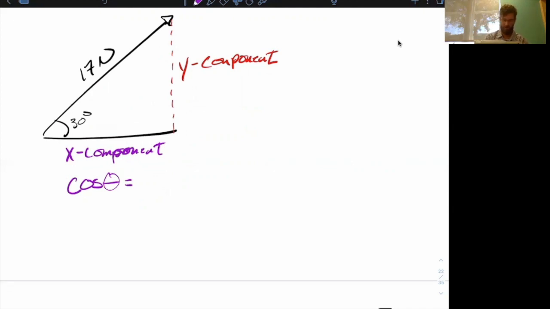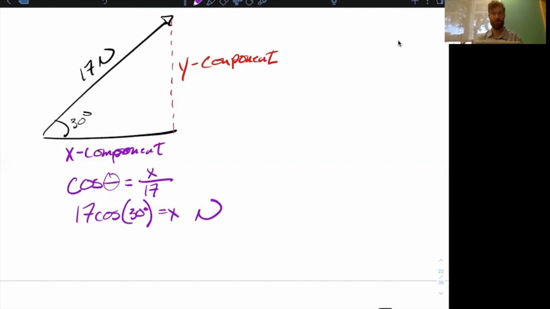So cosine is going to be equal to our x component, divided by the hypotenuse, 17. Solve this, 17 times the cosine of 30 degrees is equal to x. Boom, you now have a numerical value in newtons, right? Because this is a measurement for force. You now have a value in newtons for the x component of this force.